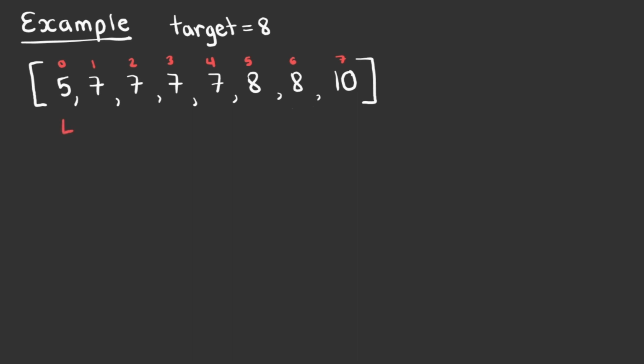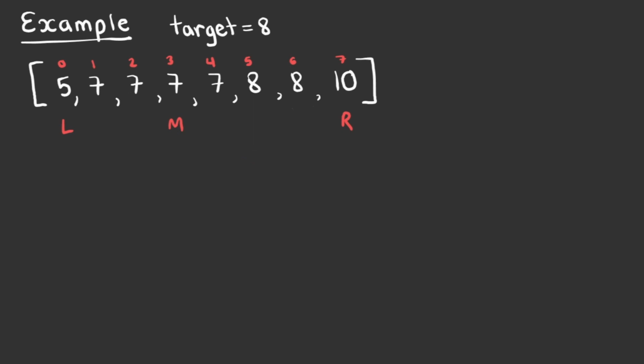Let's initialize the left pointer and the right pointer. Then, like with any binary search, we find the middle element. The middle element is going to be at index 3. And we check to see if this value is less than the target. If it is, then we know that the element is going to be on the right side of the midpoint.